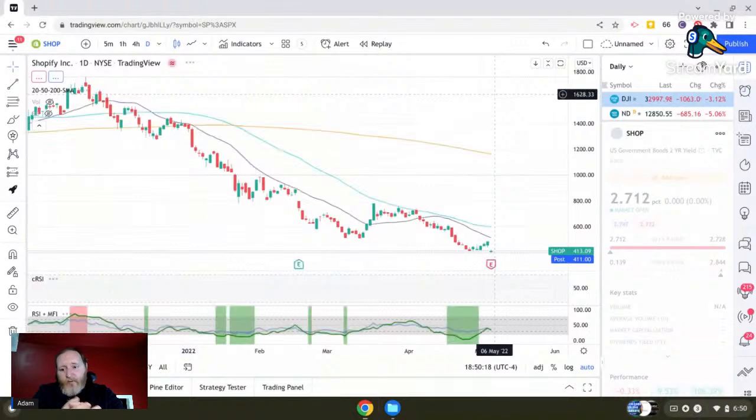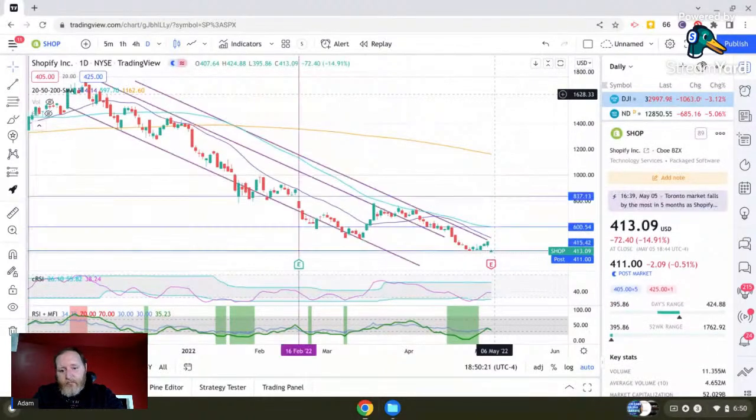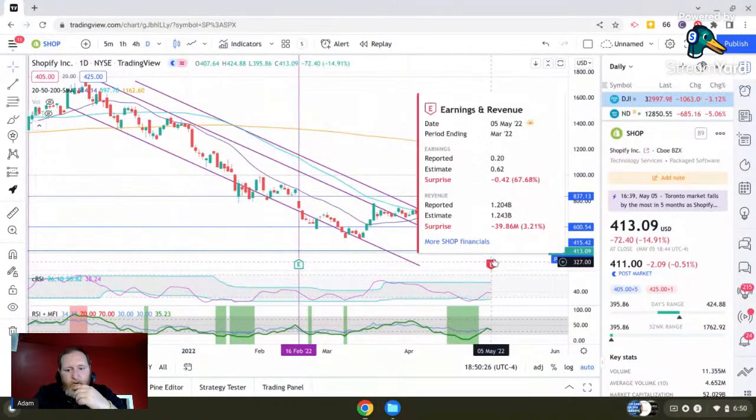Shopify was down 14.9% to close today. It missed. Look at this. It reported a 20% EPS. The expectation was 62% EPS. 67.68% miss. Revenue, kind of flat. They missed by 3.2% or $39.8 million. They still brought in $1.2 billion.